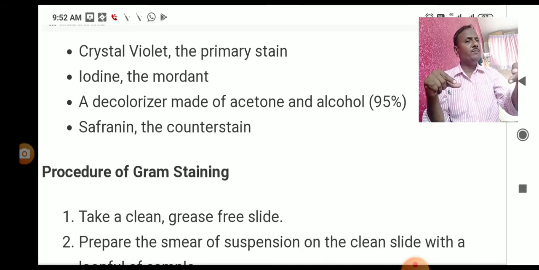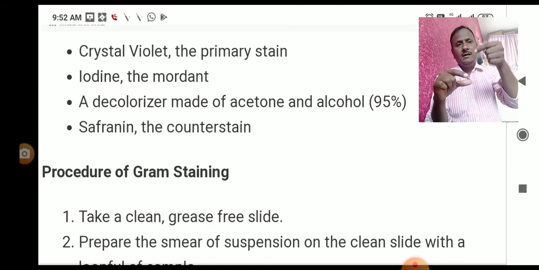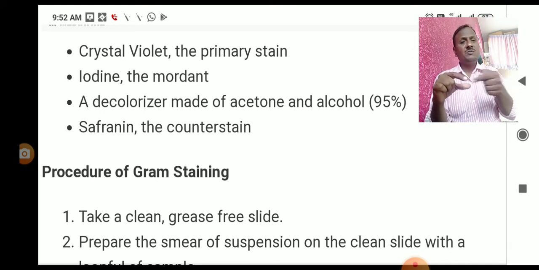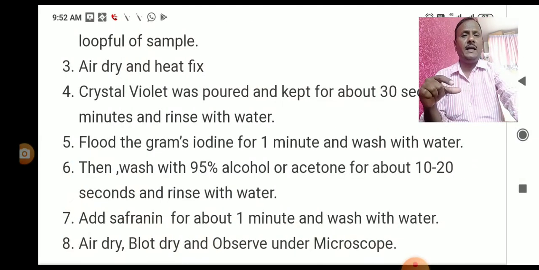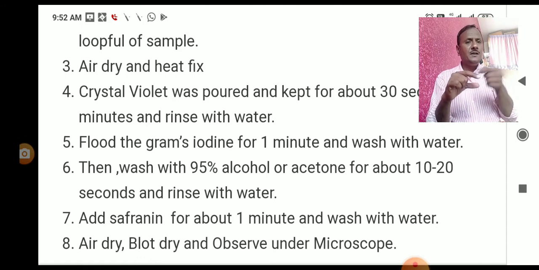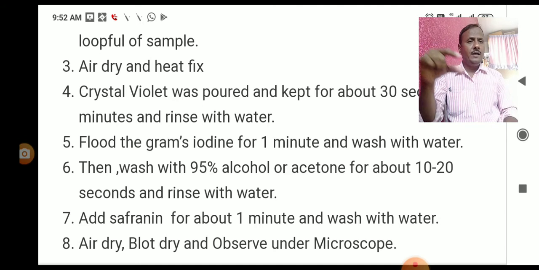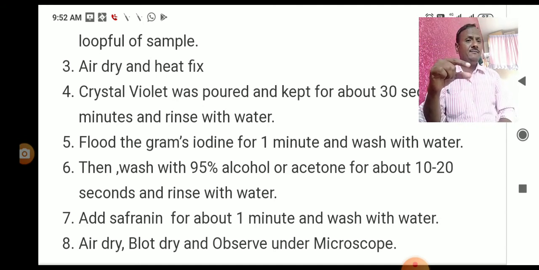With the loop take a sample of the bacterial culture, keep it in the center of the slide, and prepare the smear by spreading the sample on the slide. After spreading, remove the loop and air dry the smear. Keep the slide for 1 minute in the air, and then heat fix.